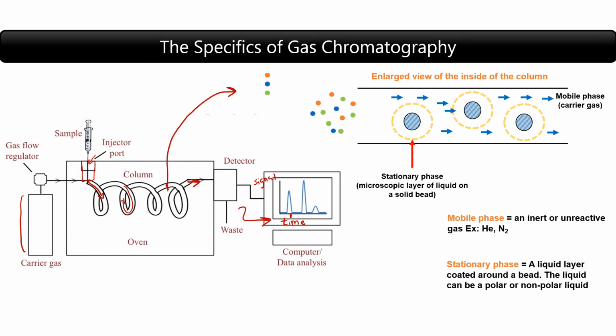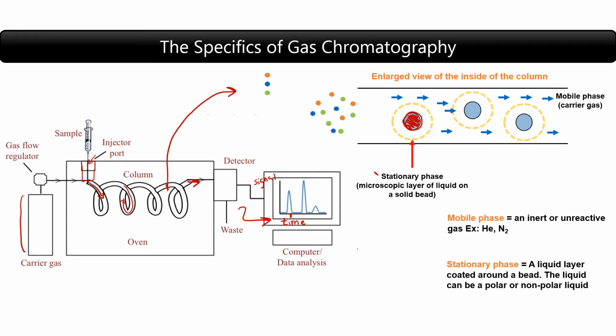That is going to serve as our stationary phase. These solid beads are just there as a solid support, and around those solid supports there are these liquid layers, and this is what is packed in the column. And this doesn't move, so we call it the stationary phase.